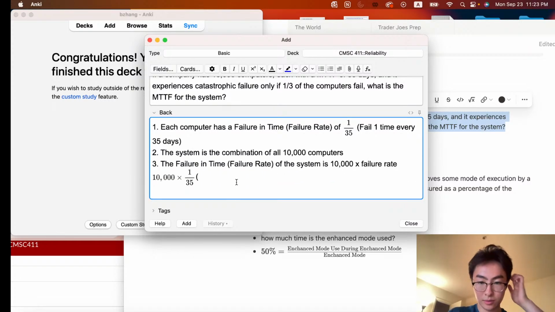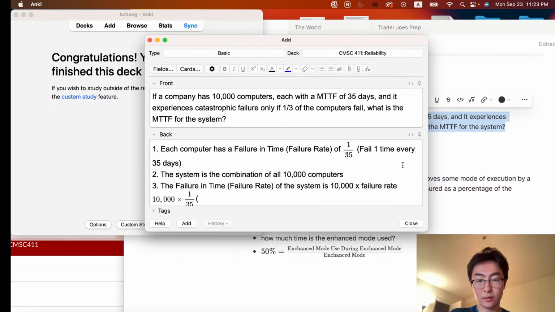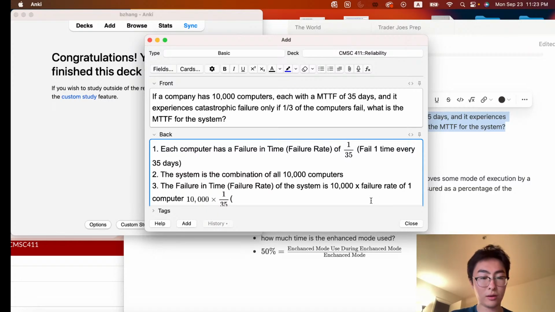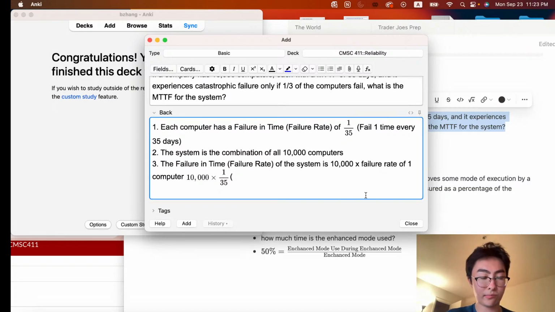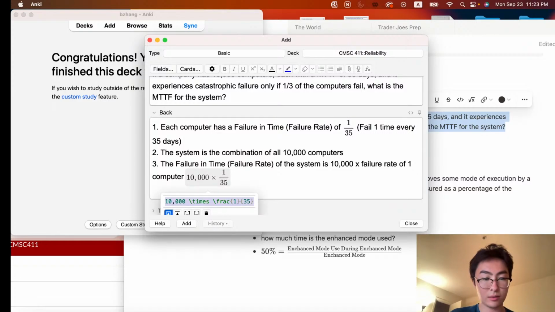Failure rate of the system is 10,000 times the failure rate of one computer. Okay. Which is equal to, I think, 10,000 divided by 35. I don't know what that is. 285.71.